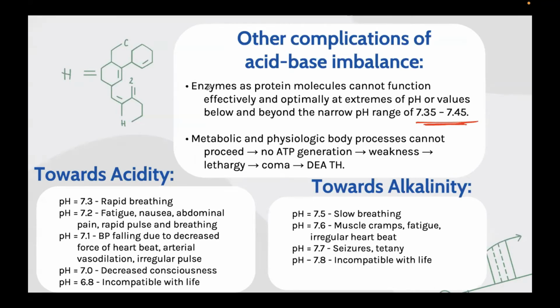And then kapag sinubject mo siya sa change in the pH around its surrounding, it will also change the shape of its active site. Okay? Remember, ang ating enzyme meron siyang active site and then meron siyang binding site. So kapag nag-change na yung shape ng active site, hindi na makakapag-function regularly ang ating enzyme. Imagine, hindi nagpa-function yung enzyme mo inside your body. So that will be detrimental.